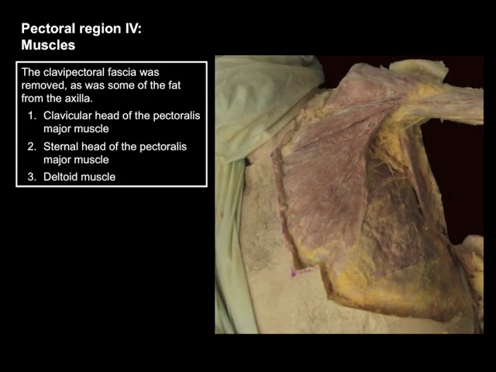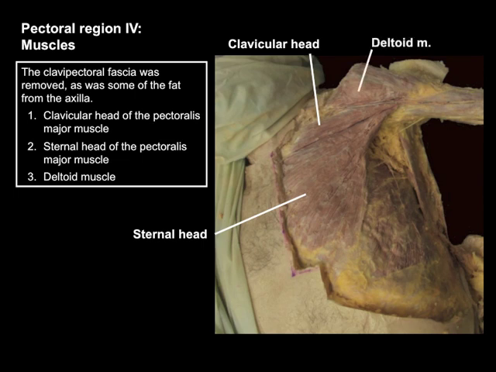The clavicle-pectoral fascia was removed, as was some of the fat from the axilla, to demonstrate the two distinct heads of the pectoralis major. The clavicular head of the pectoralis major muscle and the sternal head of the pectoralis major muscle. Also labeled is the deltoid muscle.